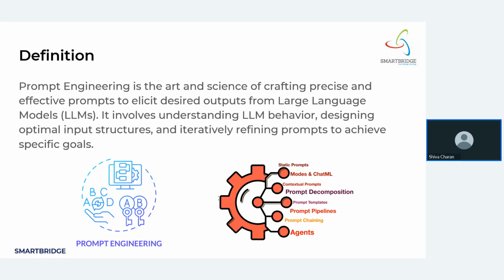But how exactly is it happening, in what way is the LLM understanding? Will the LLM behavior depend on the prompt? Yes, because depending on how much context you provide in your prompt and how much clarity you maintain, you'll be getting the output, right? So prompt engineering is very important to get the desired output.